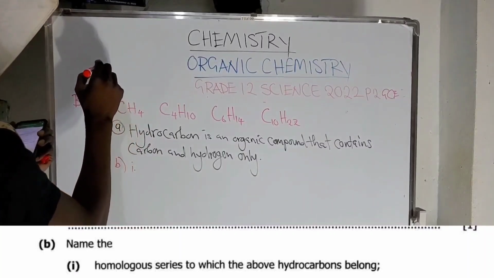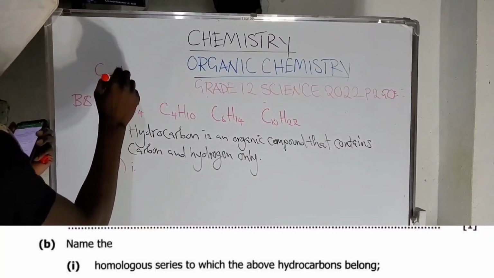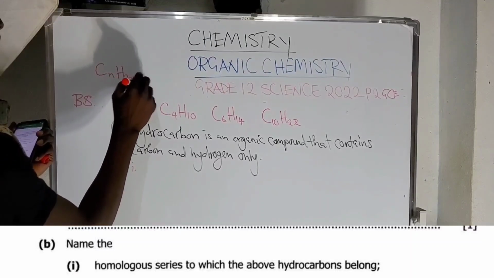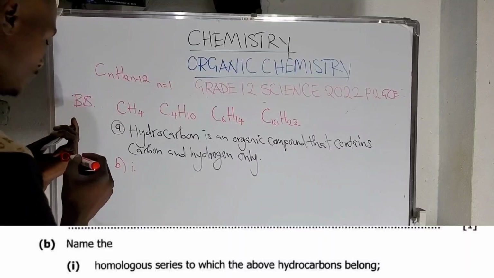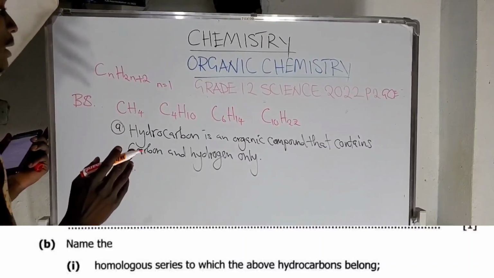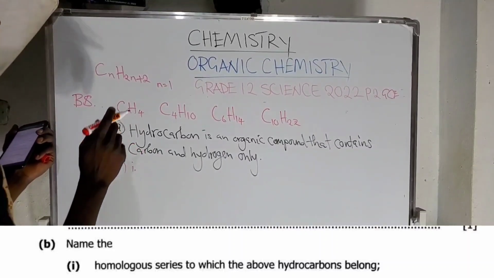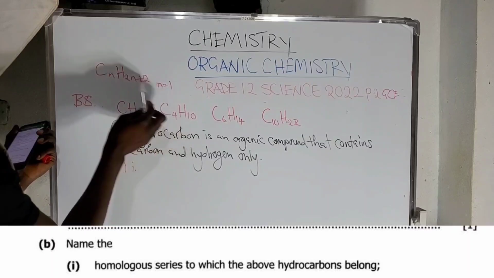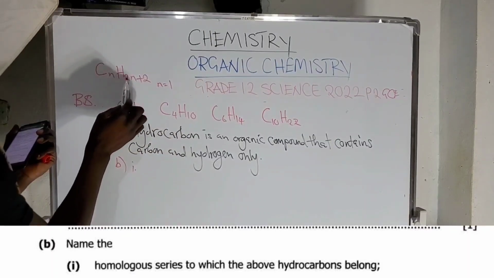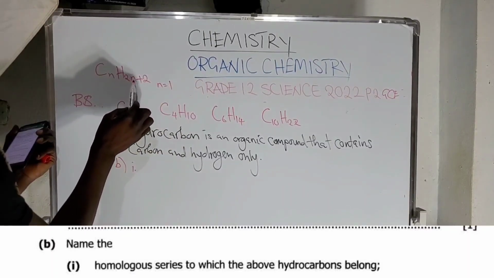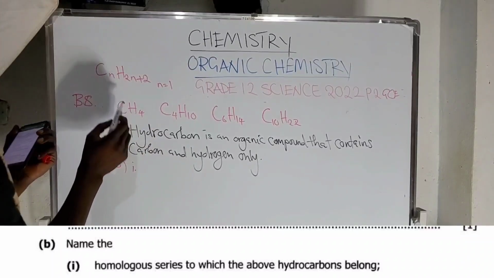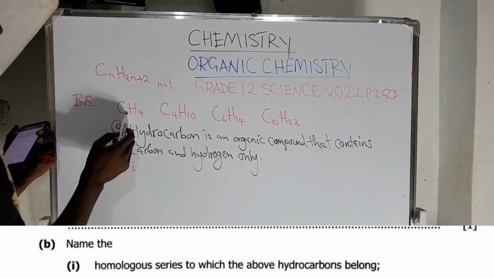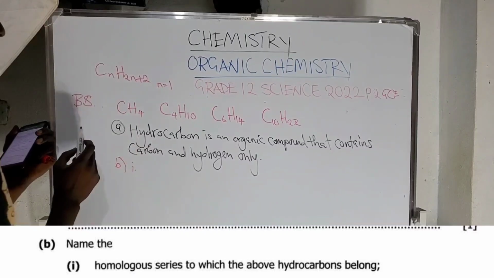The general formula for alkanes is CnH2n+2, where n starts from 1. So alkanes, if we substitute 1, we're going to have CH4, which is this, C1H4, and 1 is invisible.